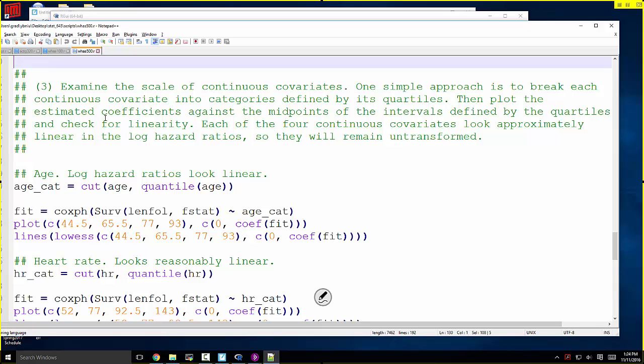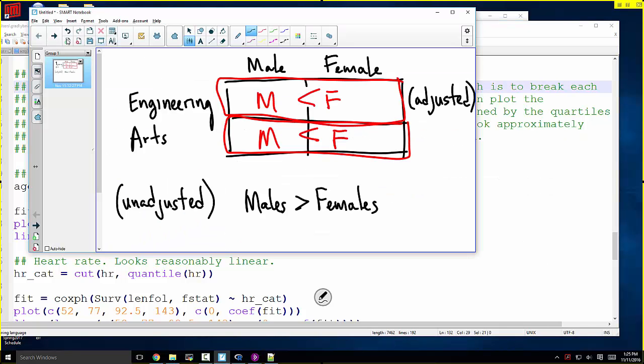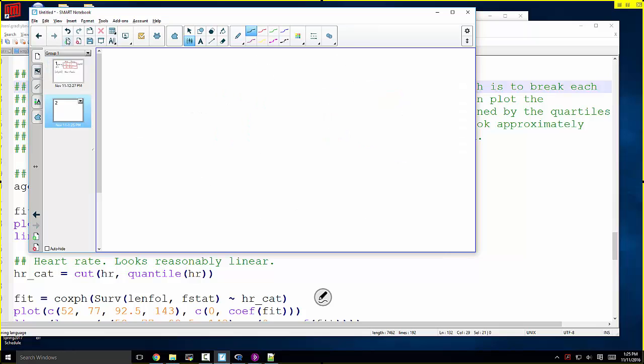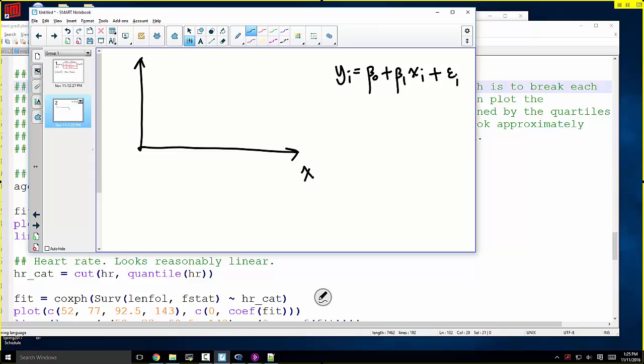So what we're going to do, the continuous covariates, currently we have them in the model as if there's a linear relationship between them and the response. When we did linear regression, we would take the residuals. So if we fit a regression model like y_i equals beta 0 plus beta 1 x_i, x is continuous, y is continuous.